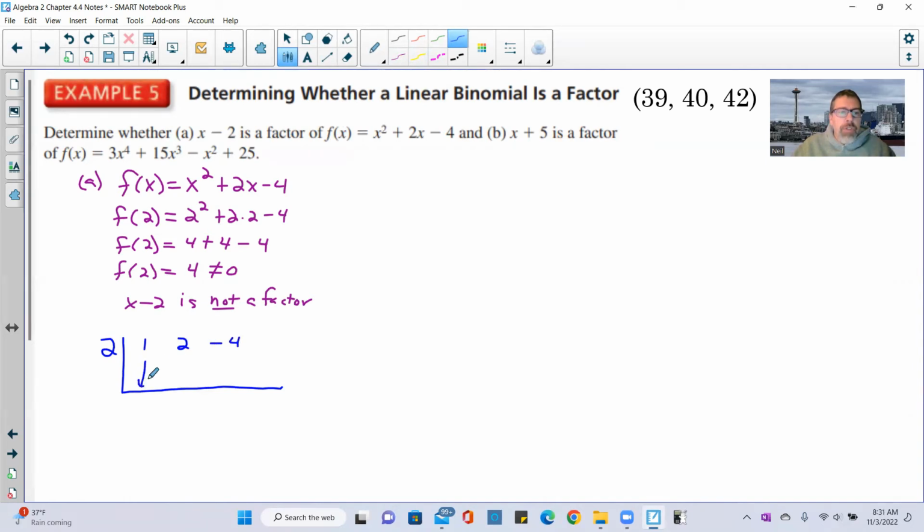Bring down your first term. 2 times 1 is 2. 2 plus 2 is 4. 2 times 4 is 8. Negative 4 plus 8 is 4. And there is our remainder. That is not 0. So therefore, we can state the same reason. Okay, so now let's take a look at B.